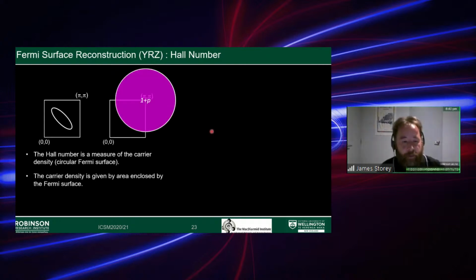So in overdoped cuprates, we have a large hole-like Fermi surface enclosing 1 plus p holes per copper. The 1 comes from the fact that the copper atoms are half filled and so have 1 hole associated with them. In the underdoped region, the smaller pockets are proportional to p holes per copper.